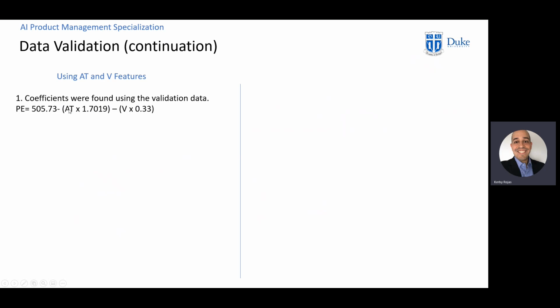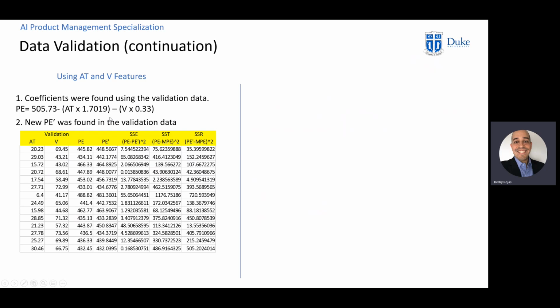So from that, I get the new PE based on this linear approach. And then from there, I got SSA, SST, and SSR. So these are the results I got, which is that R2 is telling me it's actually really, really good, 0.91, which is very close to 1.